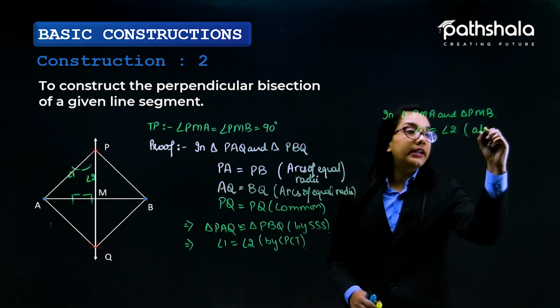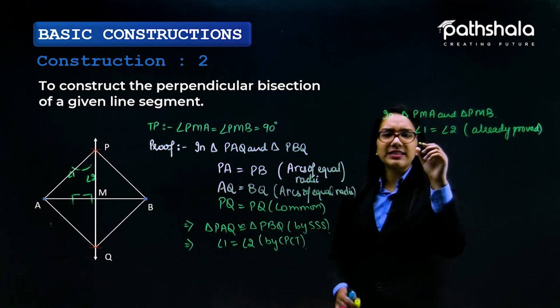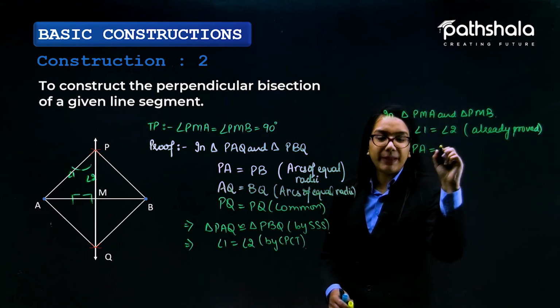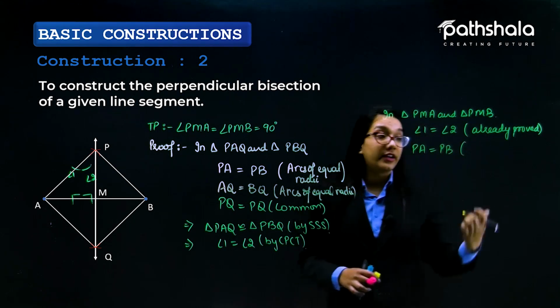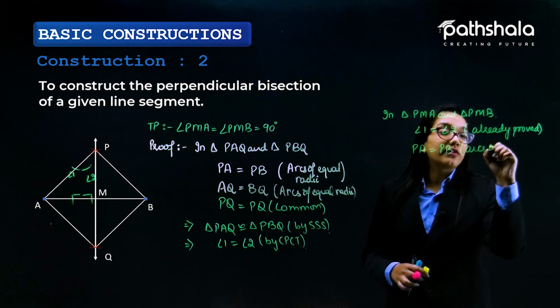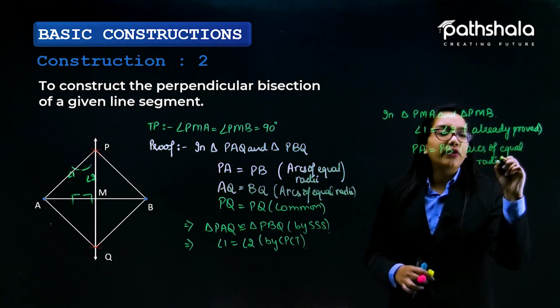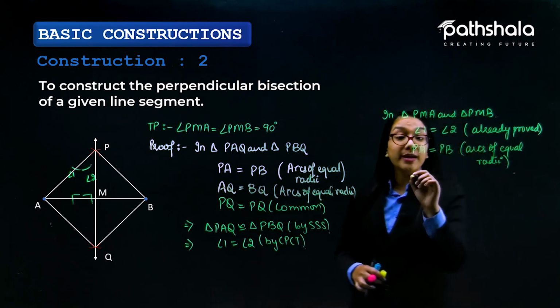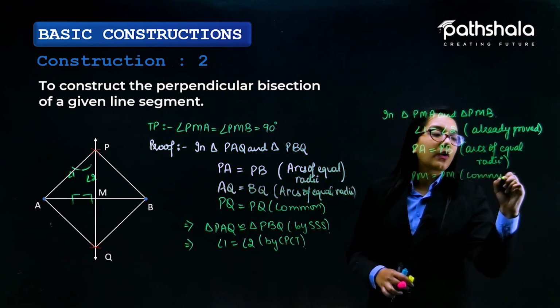And further we can say that PA should be equal to PB because they are equal arcs, or arcs of equal radii. And further, PM should be equal to PM because this is a common side.